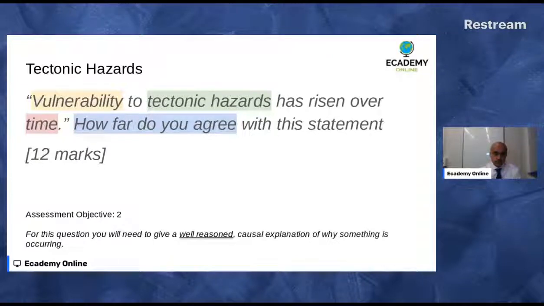So what I'd like you to do is annotate your own question in front of you, and then we'll start breaking down this question.